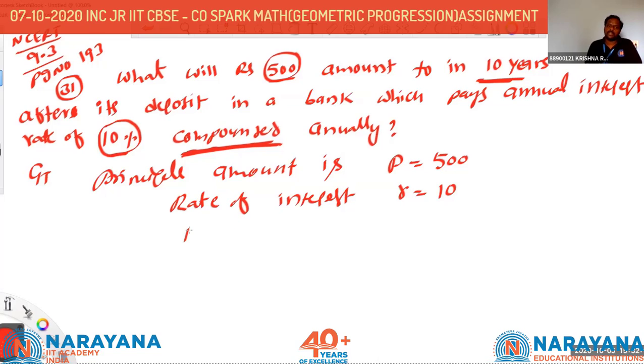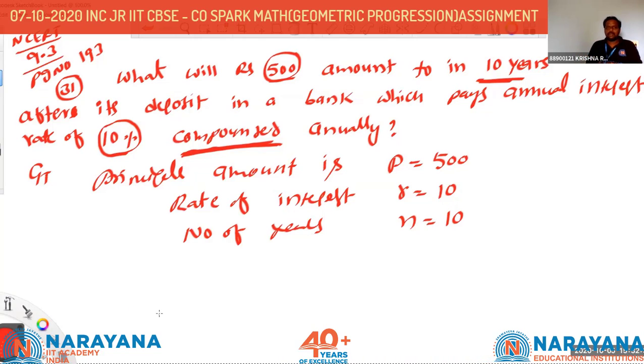Next, how many years? Number of years n equal to 10. Got the point? If you do P into 1 plus R by 100 whole power n, we directly get the answer. But for the GP application, now we have to use GP.